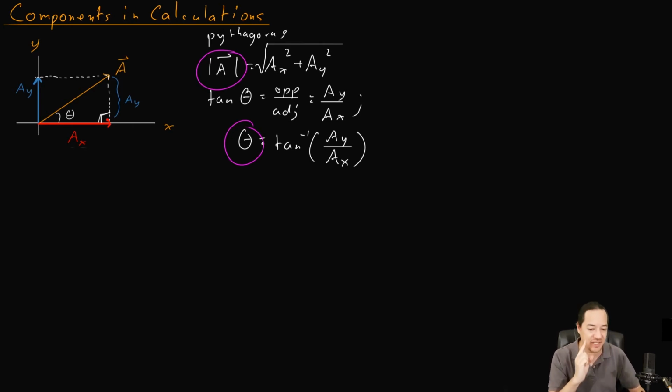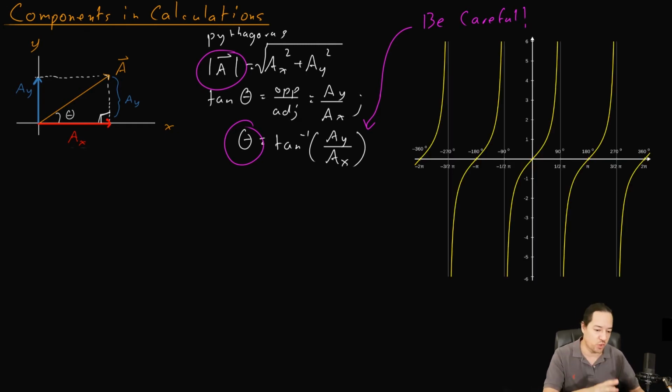However, there is actually a little problem here, and that is when we're calculating theta, we have to be careful. Why do we have to be careful? Well, because we're using tangent. Now let me show you something that's a little bit annoying about tangent. What I've got here is a graph of tangent.